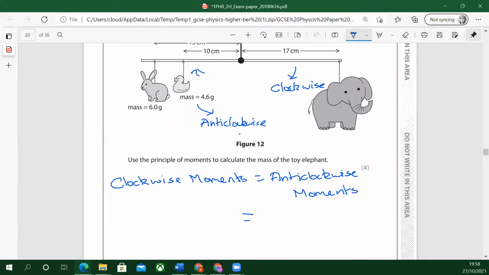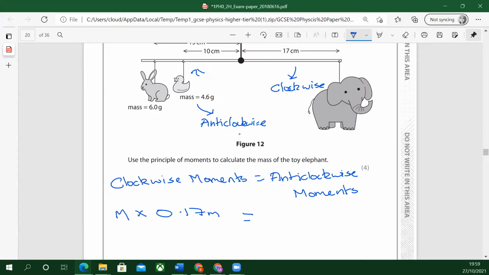So we know it's 17 away. And a moment is a mass times the distance from the pivot. We don't know its mass, so we're going to put a big M over here, and the distance is 0.17 meters. We're working in meters, and the mass is 6 grams.